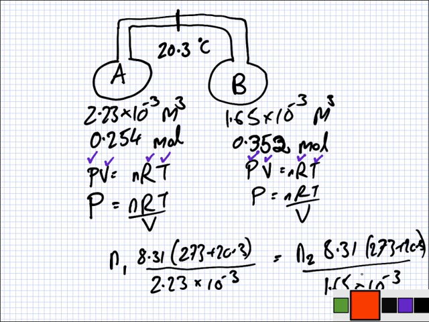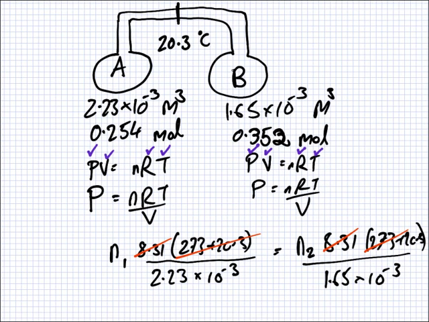And what's kind of interesting is that it doesn't seem like the temperature matters, because that and that cancel. But the N was given, wasn't it? No, well, not how much is in each of them after the tap's opened.